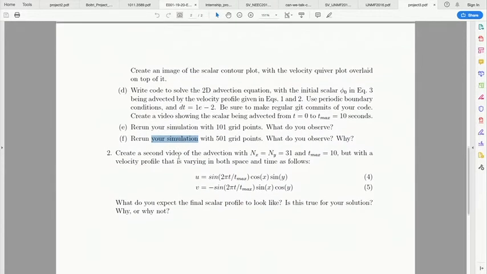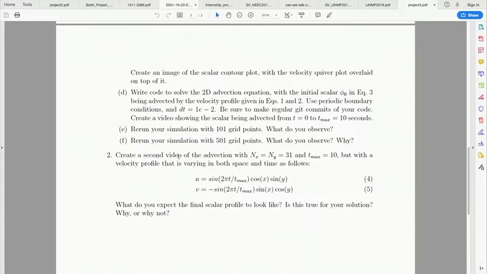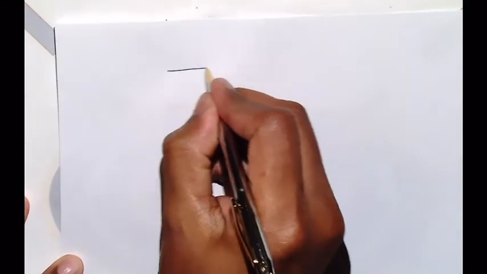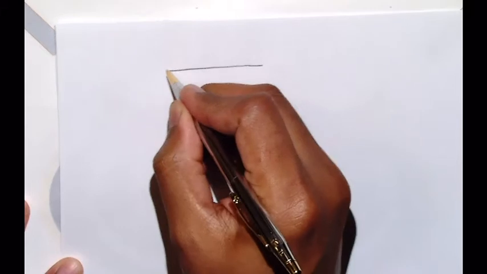Anything else? One hint that I do want to give you is, so the boundary conditions given are periodic, right? And if you decide to use ghost cells for copying, just be careful of this.